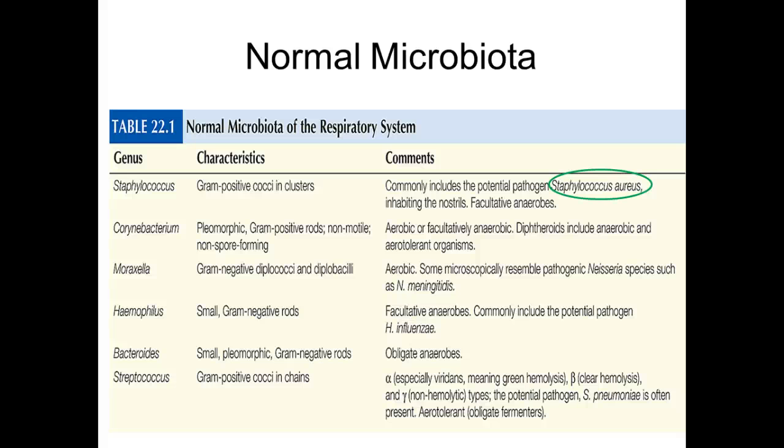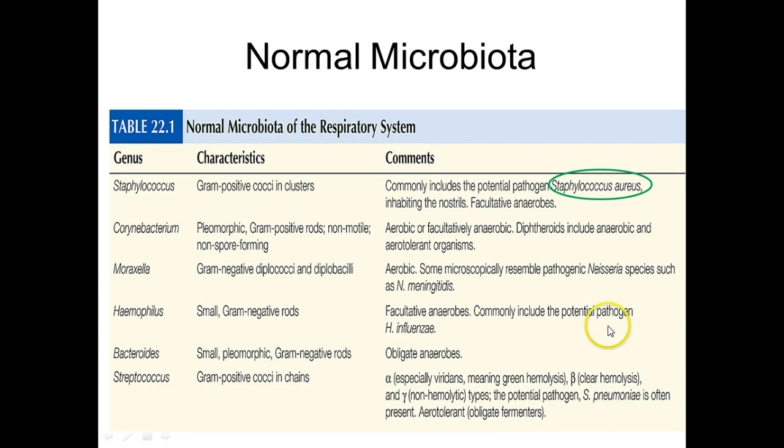So as you can see, lots of normal bacteria inhabit. We talked about staphylococci in our skin and the diphtheroids and the fungi in our respiratory tract. So basically in your nose and your throat, right? You could have any number of these organisms at any one time inhabiting your nose and throat.